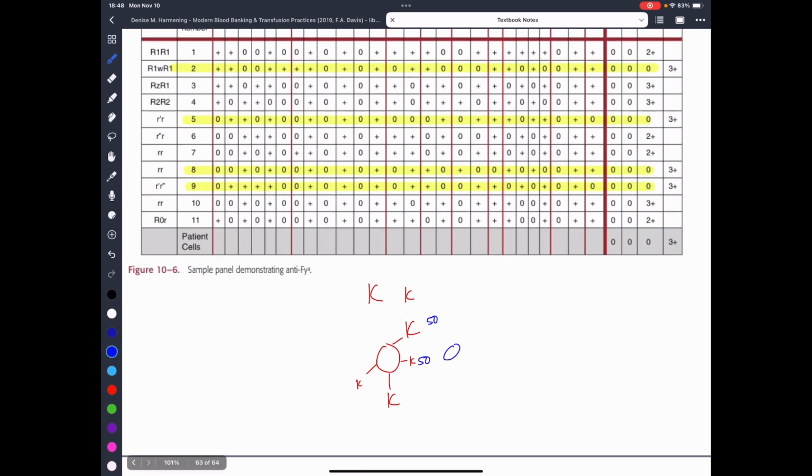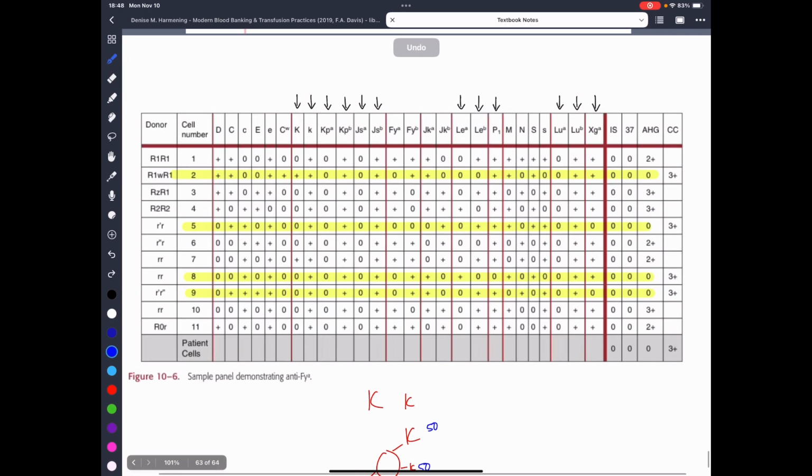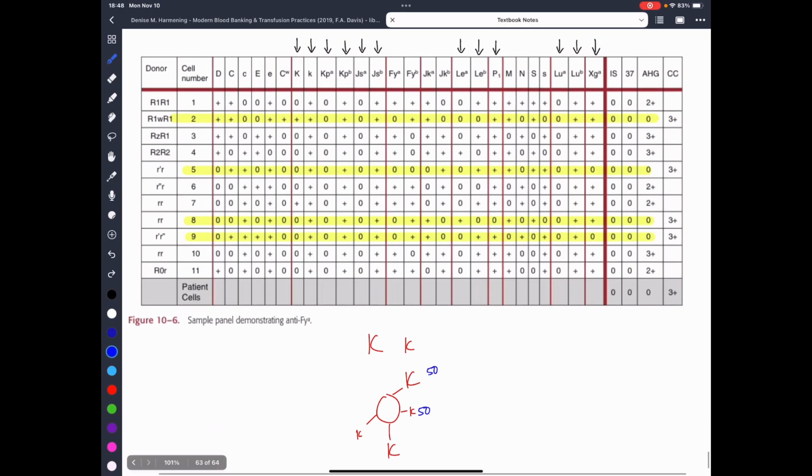So if we have any antibodies against these, we would more than likely not get a false negative. More than likely we would see agglutination if there are antibodies against those antigens.